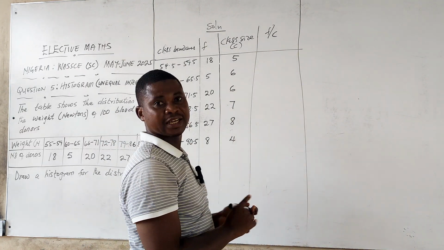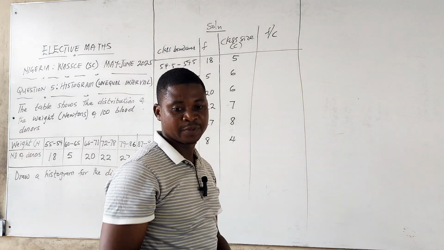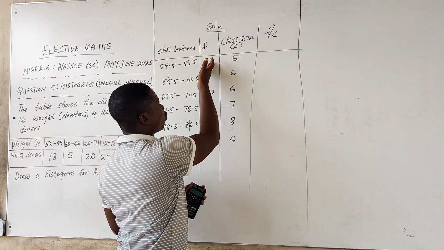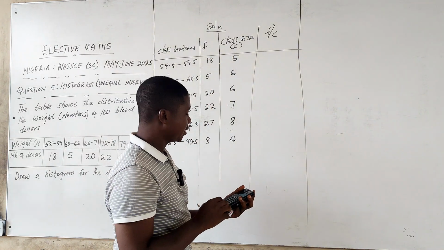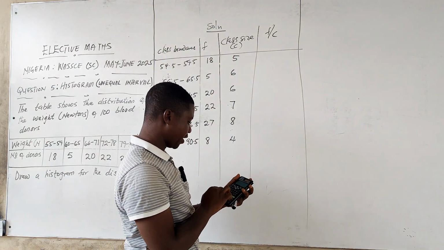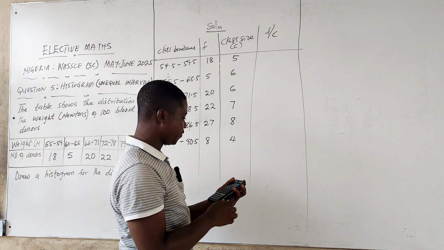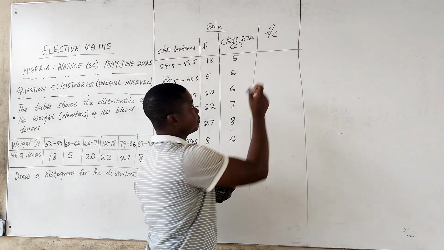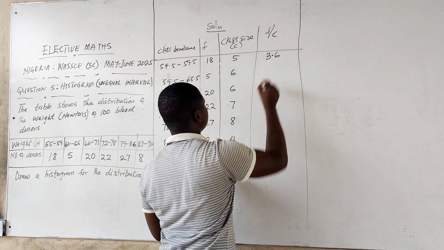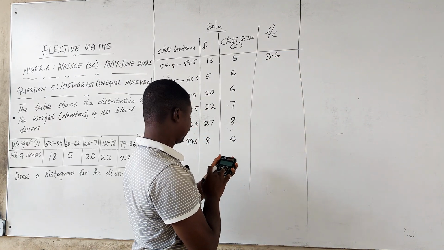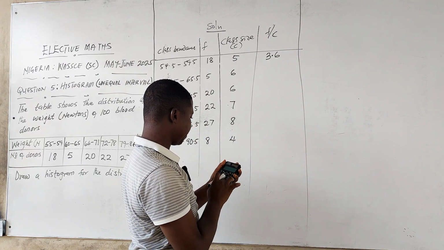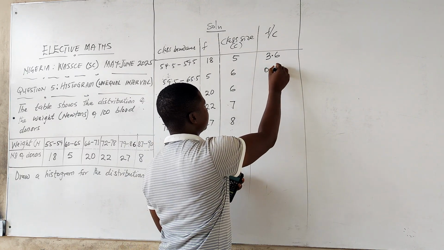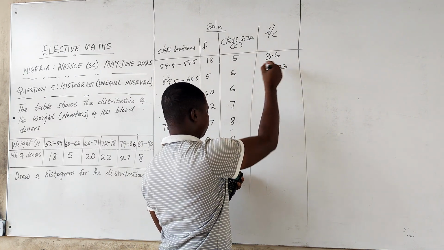Then we need to find the frequency density. With frequency density, we have F over C. So we have 18 divided by 5, and this will give us 3.6. Next one, 5 divided by 6, that will give us 0.833.